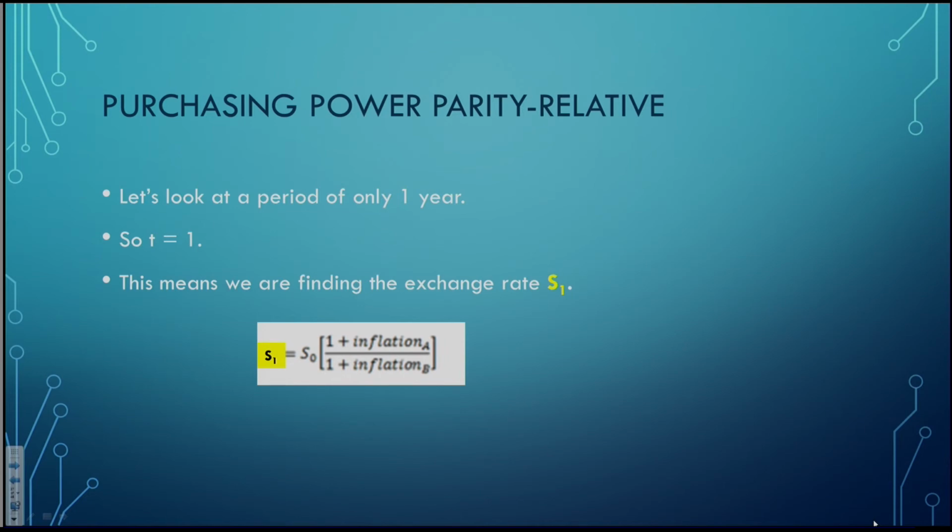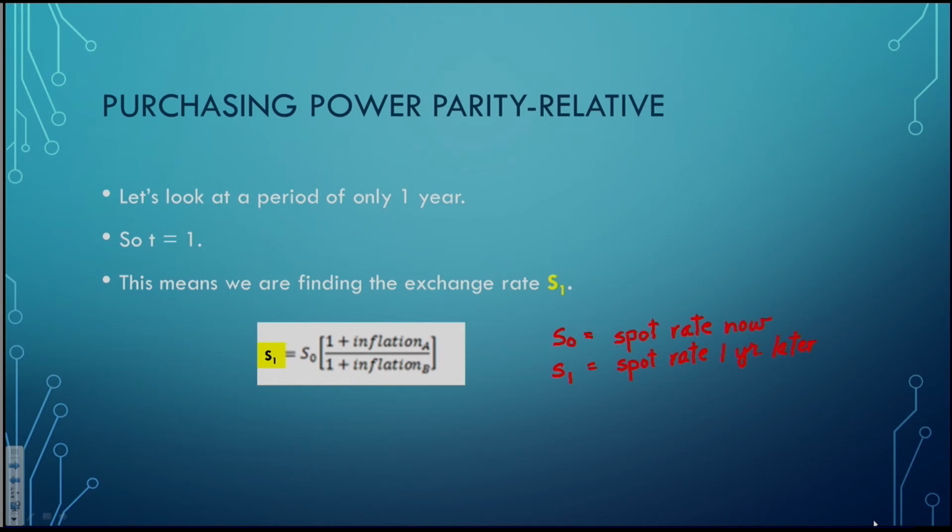So make sure you understand what we're saying, and that is S0 equals the spot rate now and S1 is the spot rate 1 year later. Okay, so there's nothing difficult here. Very basic equation.